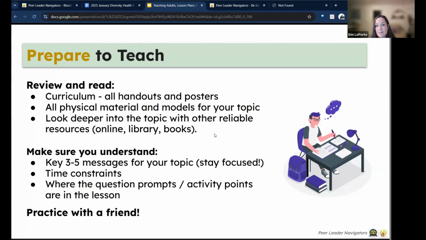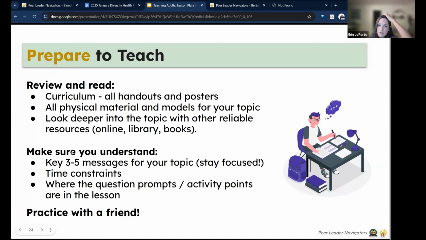Like on diabetes, we link to Medline Plus, and you can read that whole web page. That's going to tell you a little bit more that goes beyond our learning objectives, beyond our main ideas, and that can help you be more prepared. But that's not as important as these two things. Being very familiar with the curriculum and with what physical material you'll have to engage with are the most important things. And then if there's time, reading deeper into the topic.